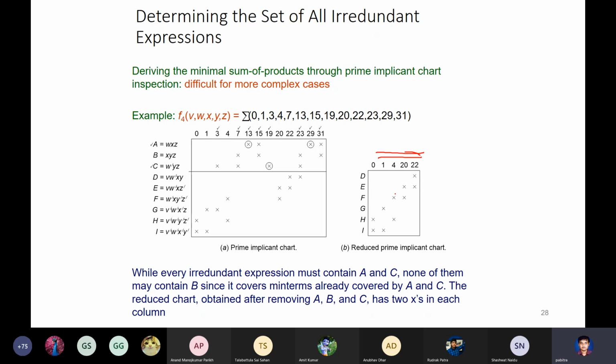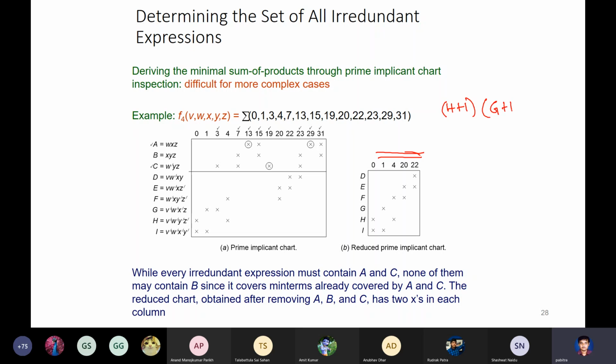Okay, so for the column for min term 0, what are the prime implicants I need? H plus I. Column 1, what are the prime implicants I need?